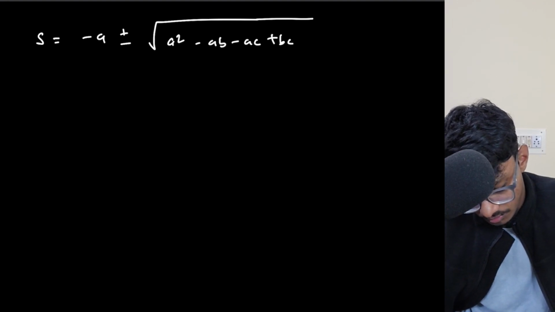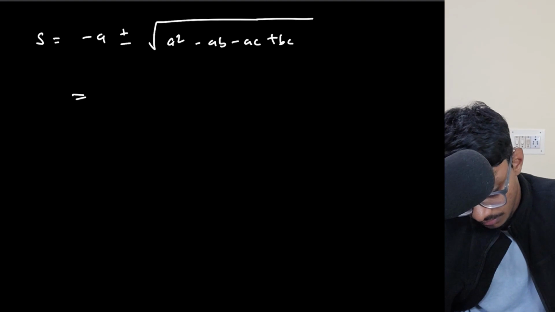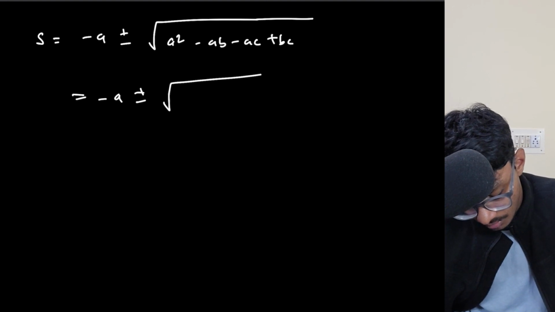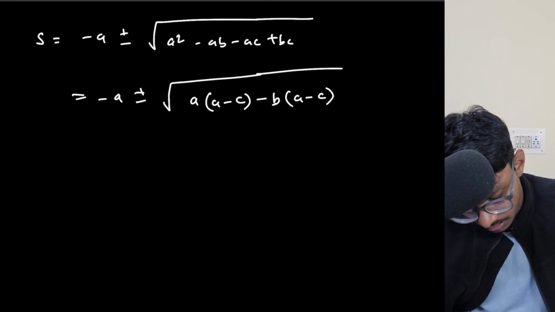So what I can do is, I can take common here, as minus a plus minus under root. a I can take common here, so this is a minus c, and here if I take common as minus b, this one will become a minus c again.